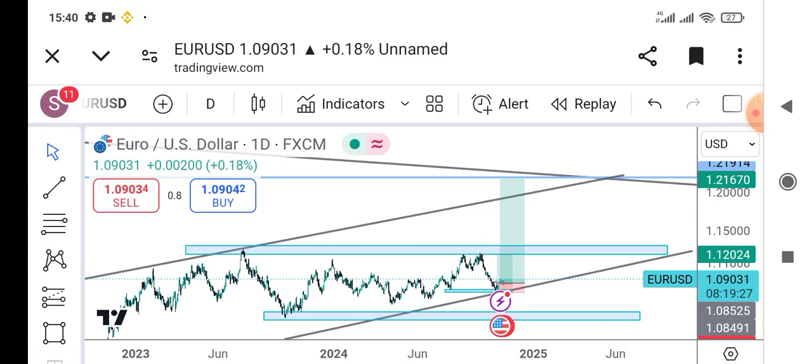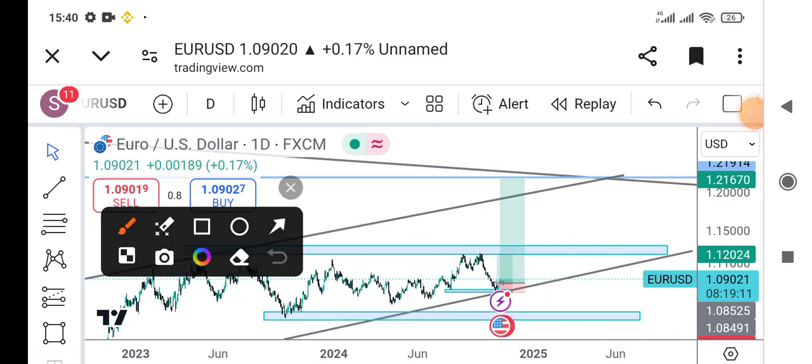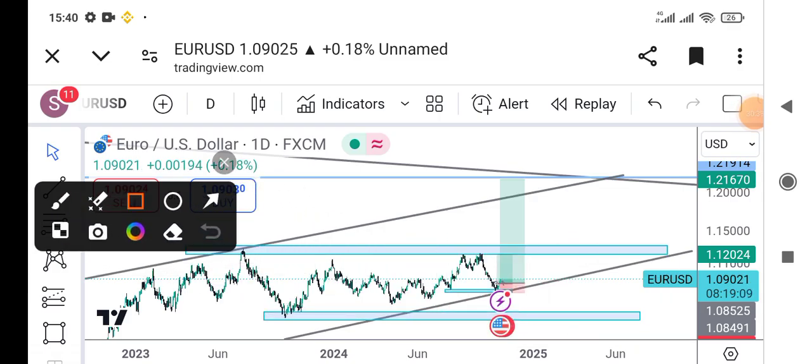The first one will be at this level, 1.12. Let me show you. So the first take profit, we are going to have it somewhere there.